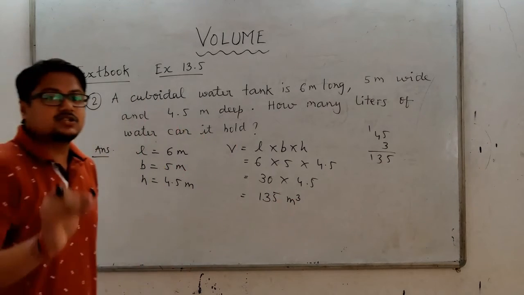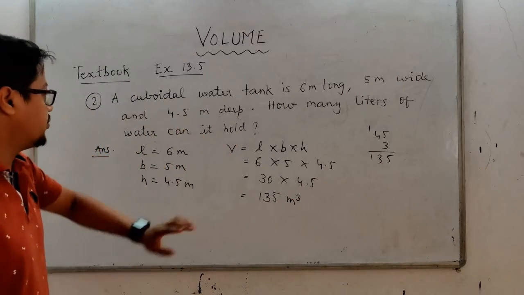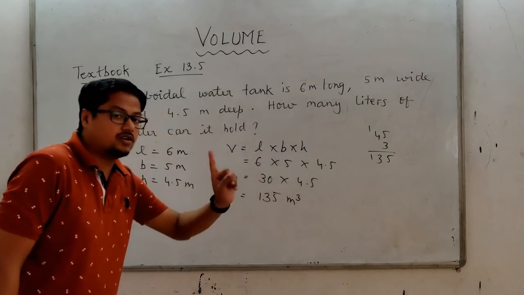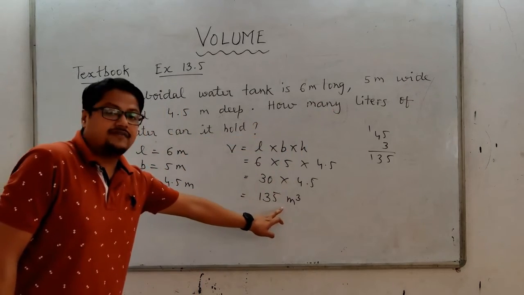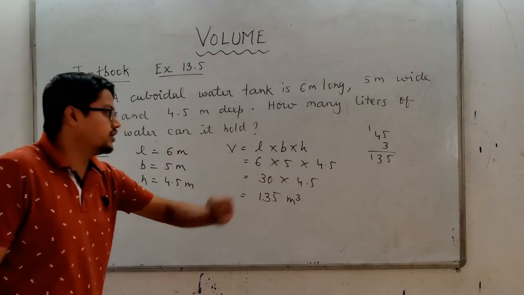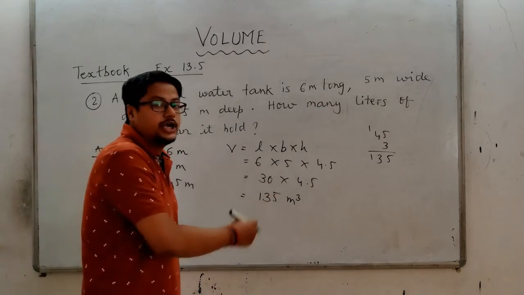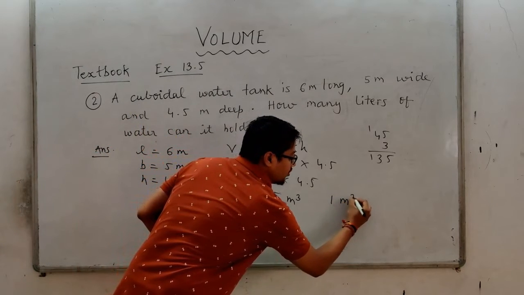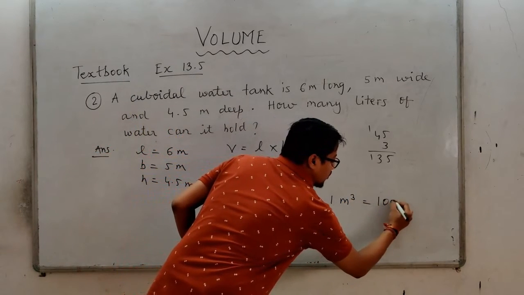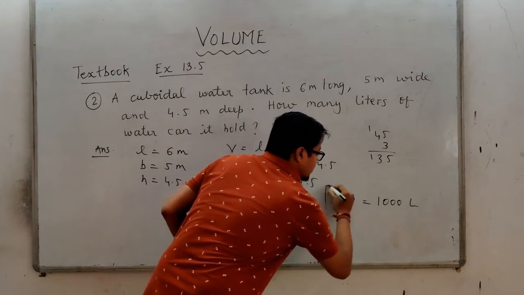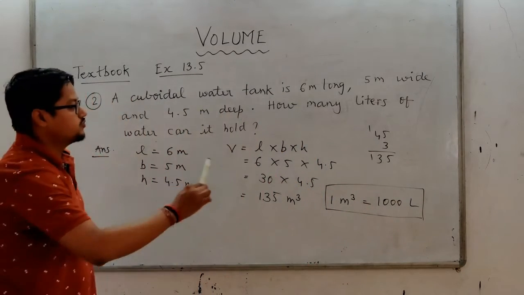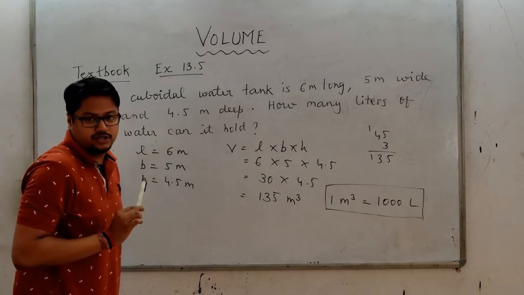But students, this is not the final answer because we have to read the question. How many liters are asked? Now, we have not got the answer in liters, we have got the answer in meter cube. So, I would like to take you to a very important relation. That relation is 1 meter cube equals 1000 liters. We are asked to find how many liters of water we can have.